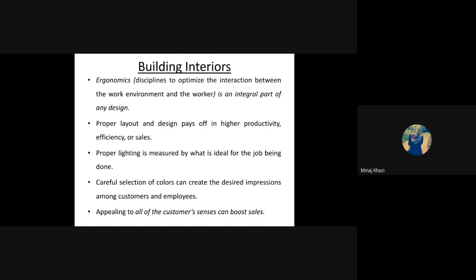Also, the color selection will give a high impression to the customers as well as the employees working in that environment. So color combination is also very important for interiors. Appealing to all of the customers' senses can also boost sales altogether.